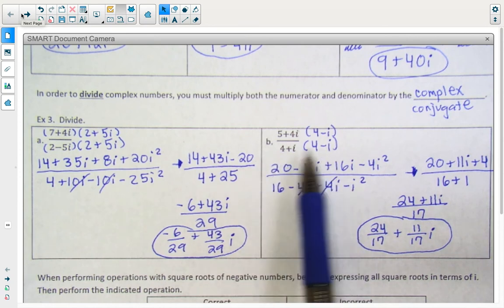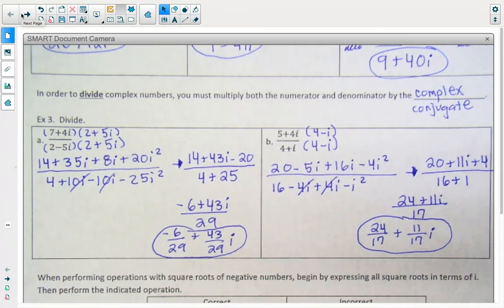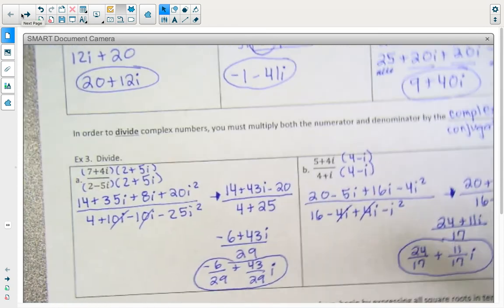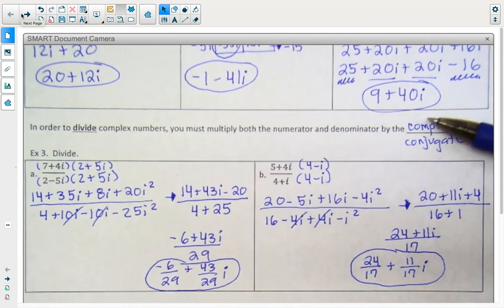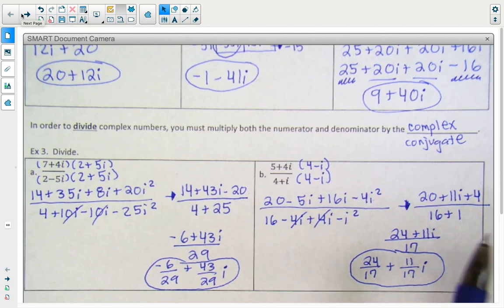So if you're multiplying anything and all you're changing is the sign in the middle, something is going to cancel out because you're going to have the positive of that and the negative of that. So a little shortcut that you could do, the more of these you do, you could just multiply the first and the last number. But if that's going to mess you up, then just multiply the whole thing out by using box or distributive property. But multiplying by a complex conjugate, we do that so that we get rid of the imaginary part and we're left with only the real part.